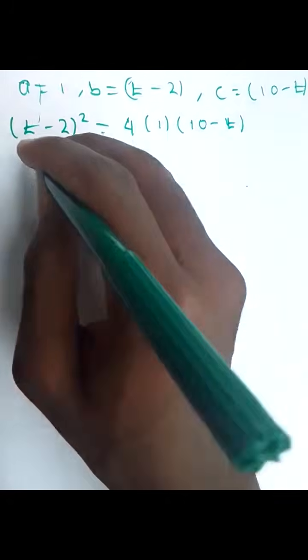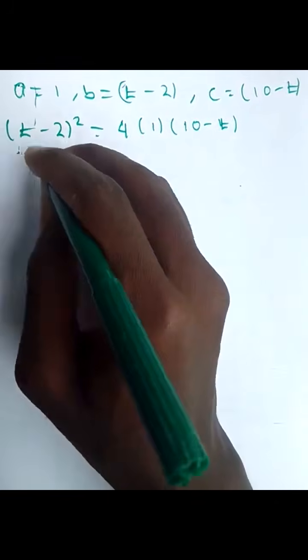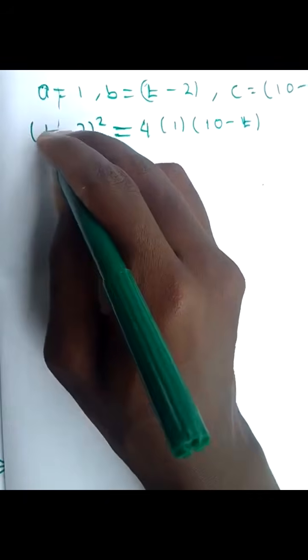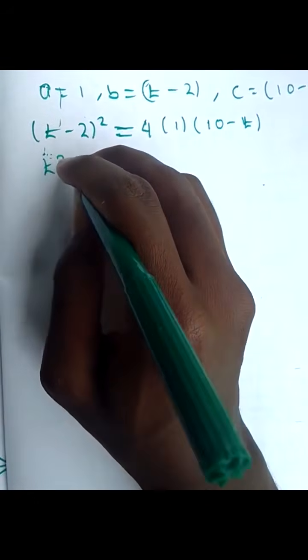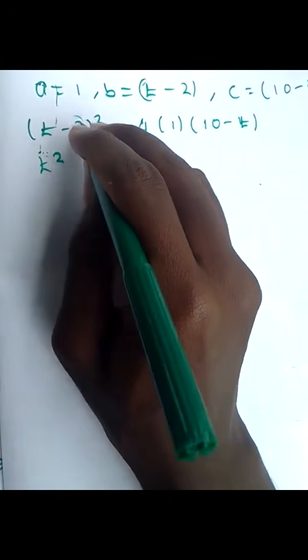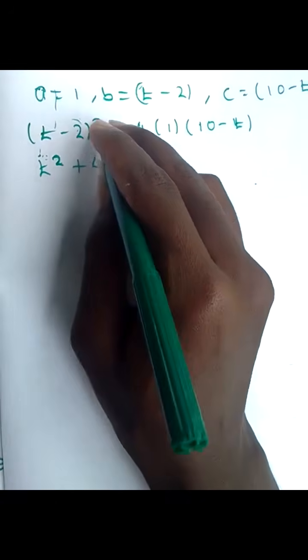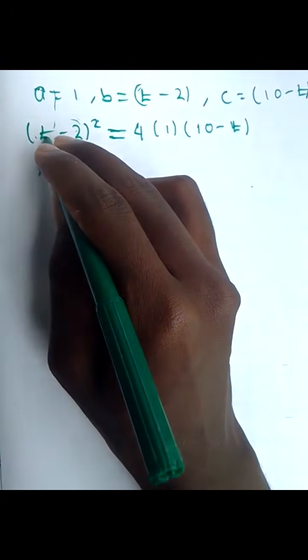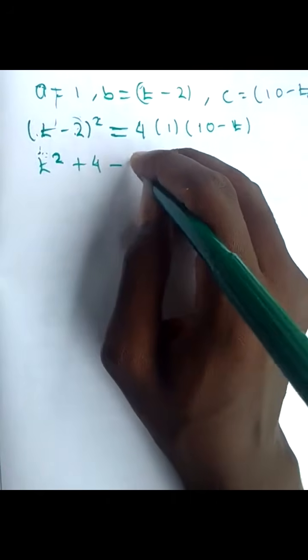So you can expand this one. There's an equal sign here actually, so you can expand this side, and it's going to be t power 2. This is the shortcut I used to expand. Then this power 2 is going to be plus 4, then 2 times t, that is 2t, then 2t times negative 2, that will be negative 4t. I'm sure you've learned something today.